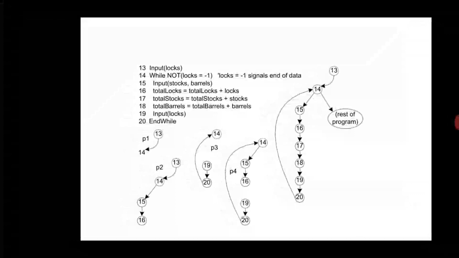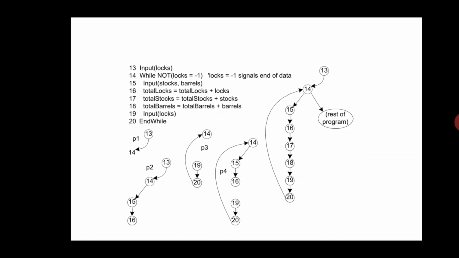Again, I defined it at 19 here in this case, the third P3 path, right? I mean defined at 19, but it will go into 19, 20, again 14, right? Also rest of the program you can just see, right?